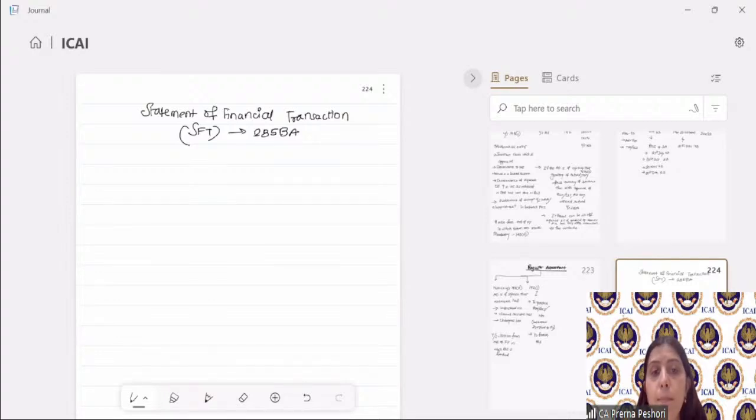Or, for example, if they have received a payment in cash over rupees 1 lakh or over rupees 10 lakh in respect of credit cards.